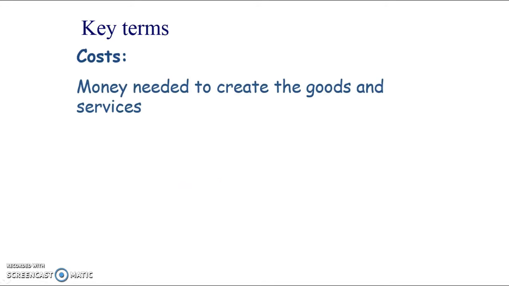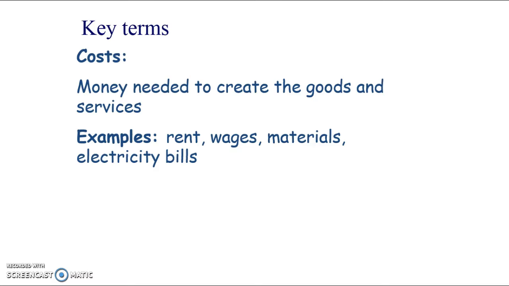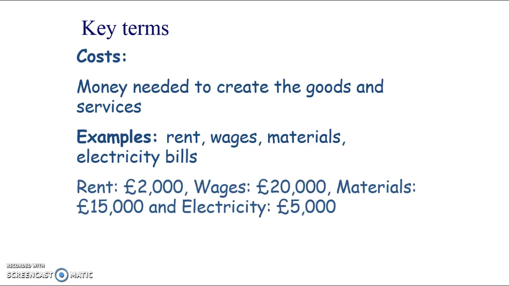Okay, costs is basically just the money that's needed to create the goods and services. So everything that goes into creating the goods and services will have a certain cost attached to it. So some examples would be rent for your premises or facilities, your wages, your materials, your electricity bills. There are loads of other costs, but I'm just putting down a few examples there for you.